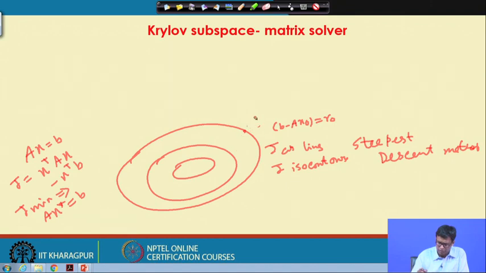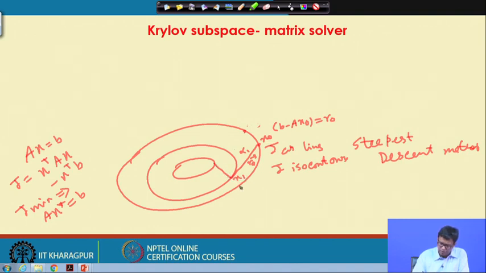So, let us select the x 0 here. This is just for convenience of explaining. I will keep on moving along r 0 up to a distance alpha 1. Here the r 0 vector will be tangential to the new isocontour, and I have to change the search direction.